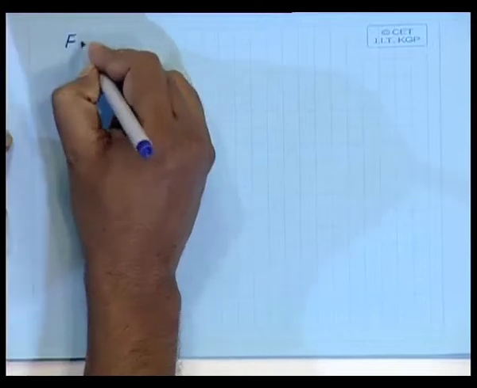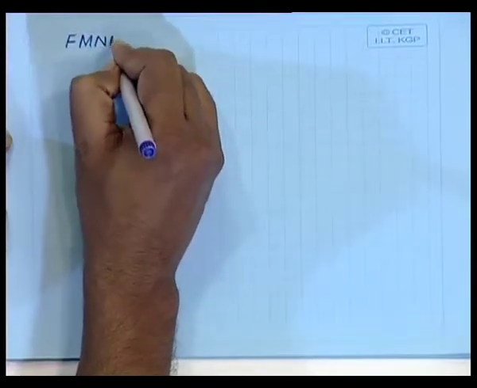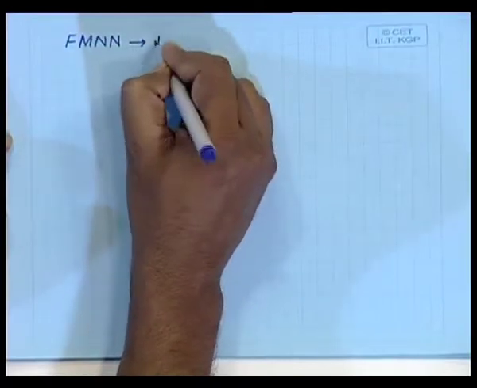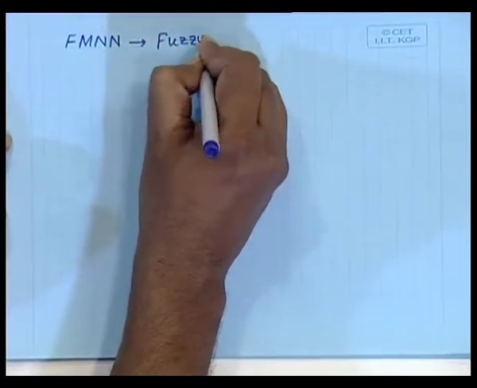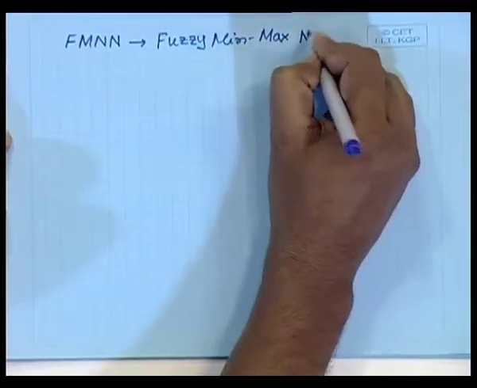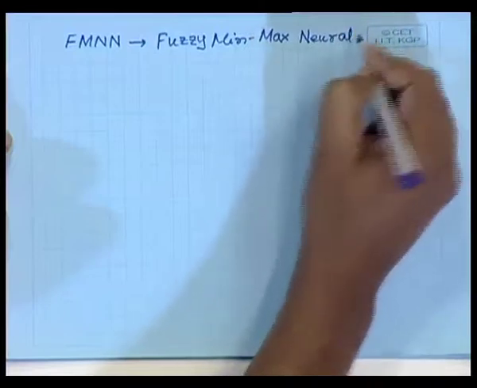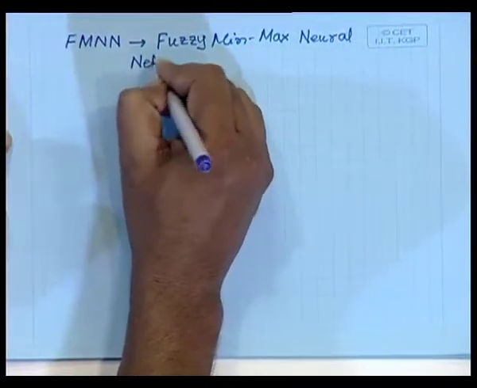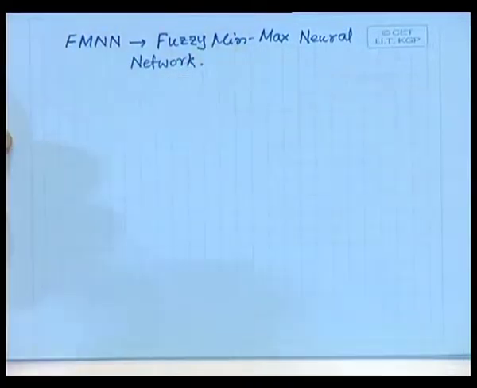So, accordingly, a neural network architecture, which is the fuzzy min max neural network, FMNN, or fuzzy min max neural network for pattern classification, was proposed by Patrick Simpson in the year 1992. Okay. So, what is this concept of fuzzy min max neural network?